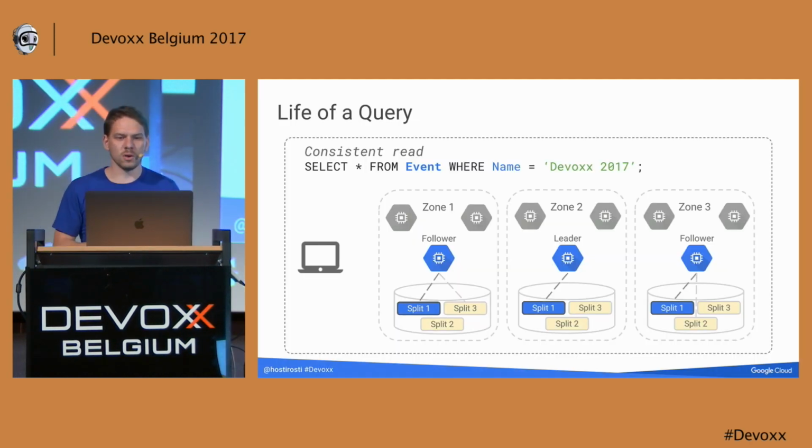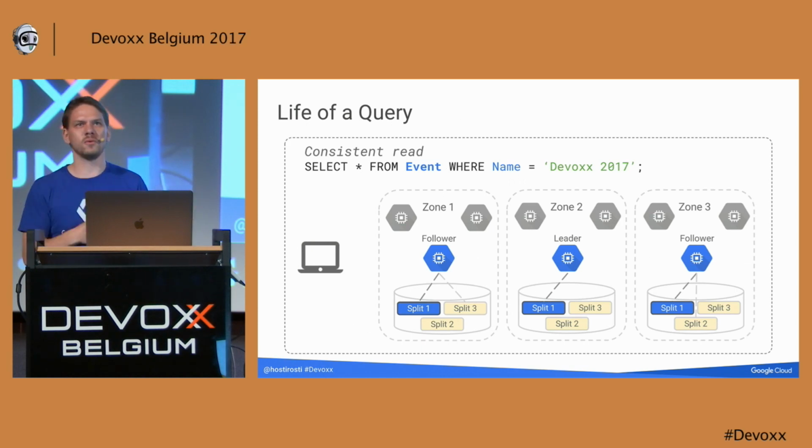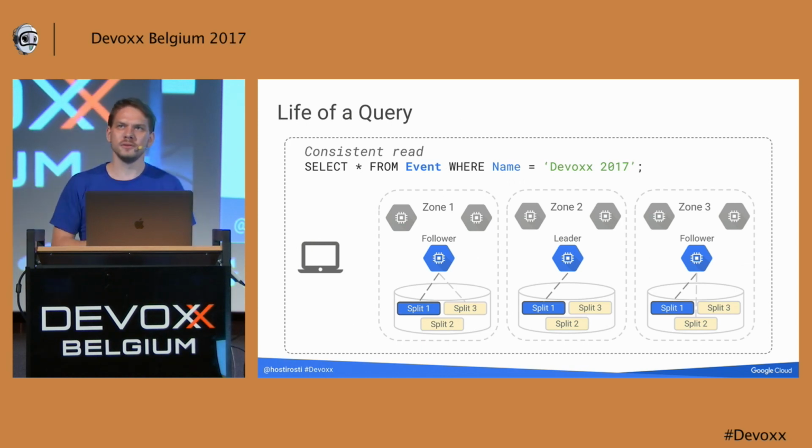Now, let's have a look at the life of a query in Cloud Spanner. In this case, I have a consistent read where I want to select all the events, or I could say all the talks, where the event name is like Devoxx 2017. Now, let's assume my client request comes in through a follower of my Paxos group.